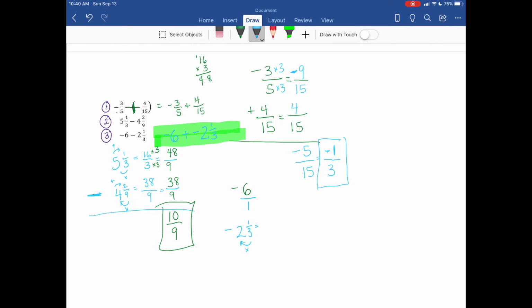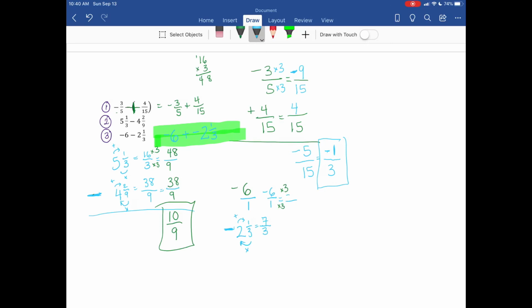So that's 3 times 2, which is 6, plus 1, which is 7. So I keep the denominator. So that's 7 over 3. So now I have negative 6 over 1 minus 7 over 3. And that looks like common denominator is going to be 3. So that means I'm going to take this top and bottom, multiply it by 3.